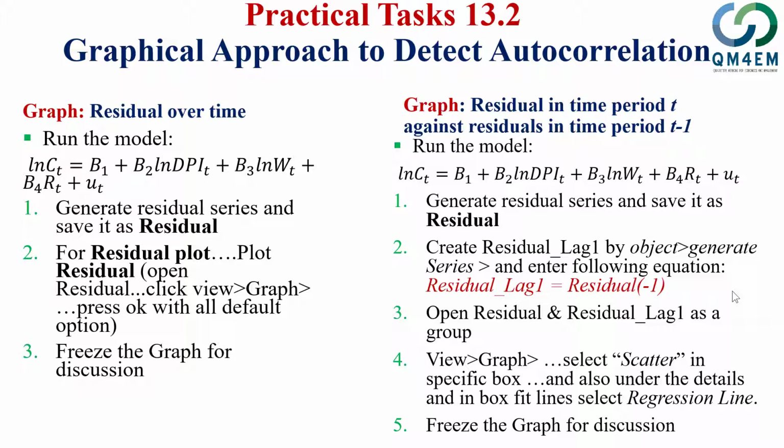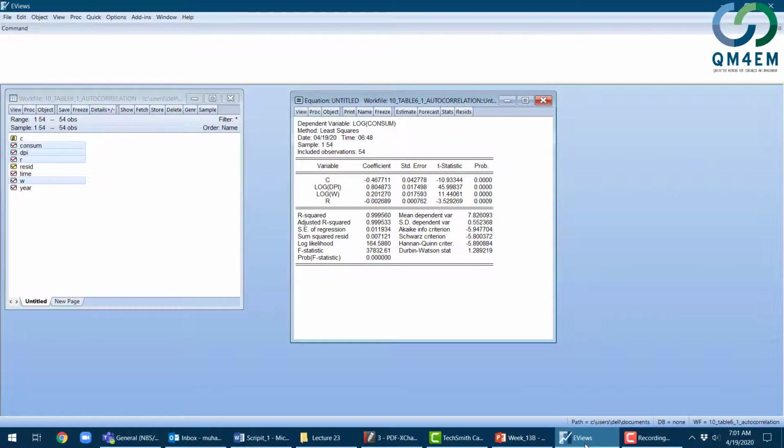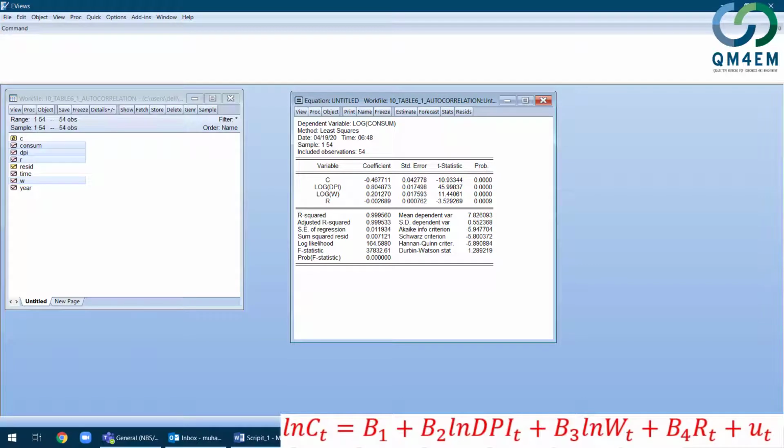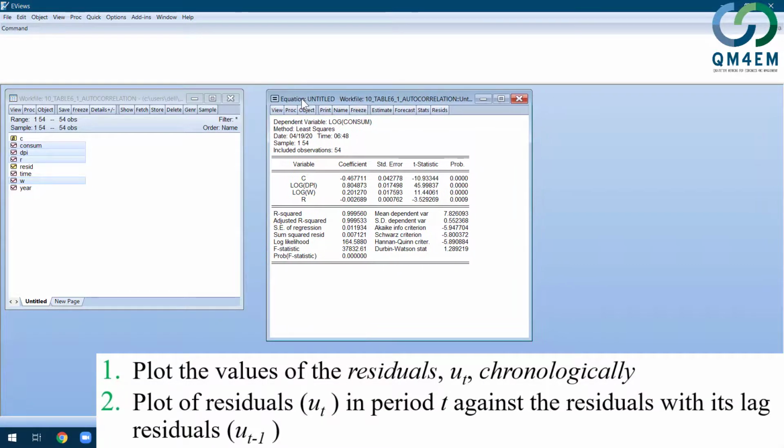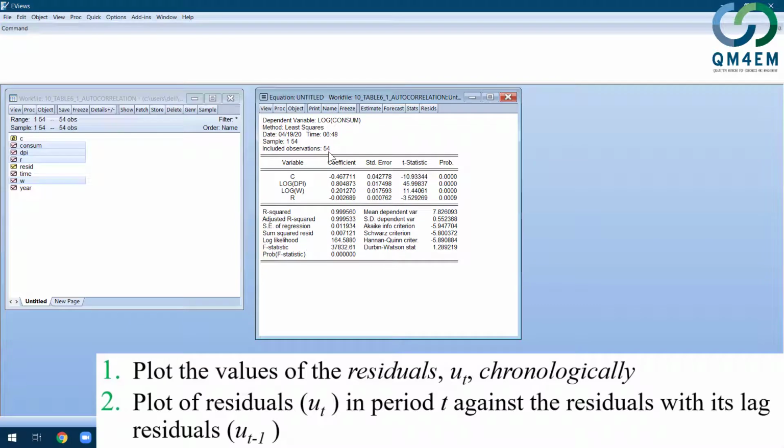Now before going for the output, let me show you how we can do that in EViews. So this was the model which we ran a while ago. This is the double log model which we have run. Now we need to generate the graphs of the residual over a period of time, and then the residual graph against the residual lag value.